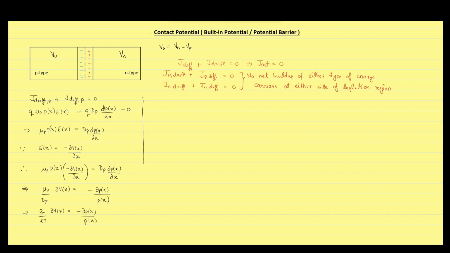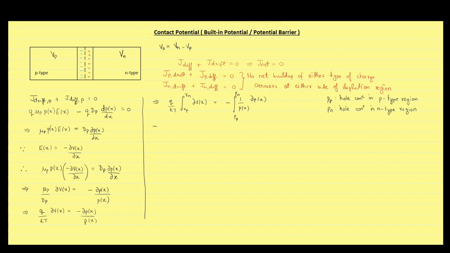Now, integrating the equation, we will get Vn and Vp represent the potential in the N-type and P-type region. Similarly, Pp represents the hole concentration in P-type region and Pn represents the hole concentration in N-type region.